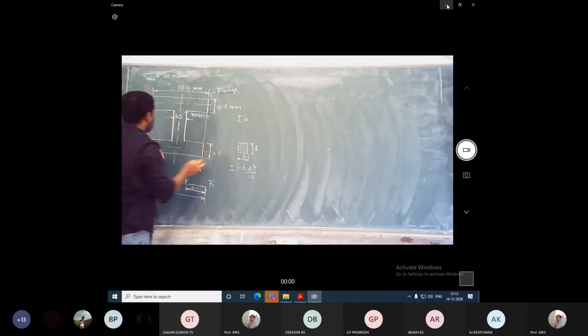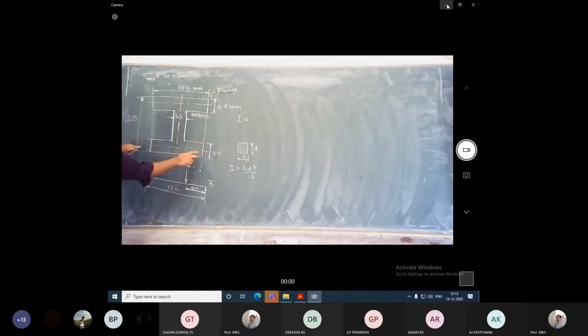I is equal to this outer rectangle. What is the depth? Depth is this height, it is 225. This holds good only for a symmetrical section. After completing this problem, I'll tell you how to find it in general if it is not symmetrical. Depth is 225 here, right?